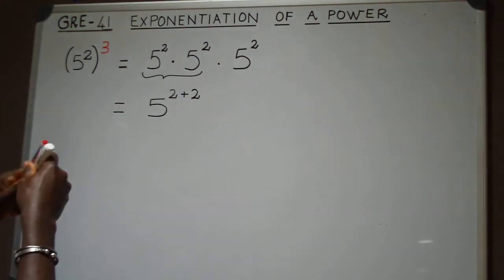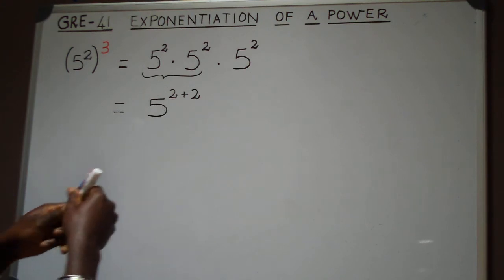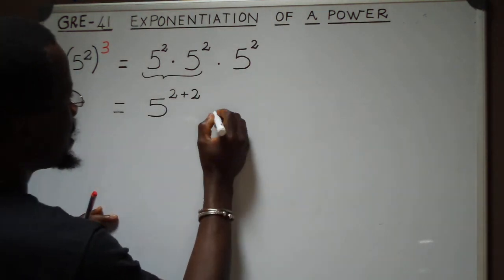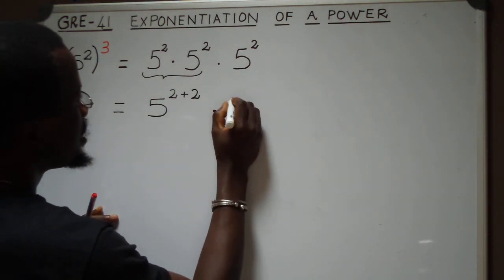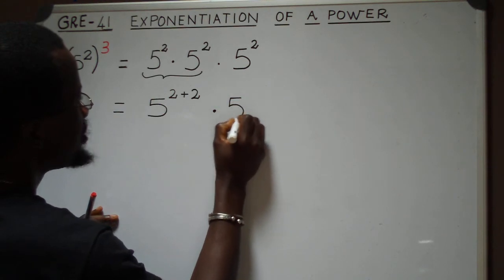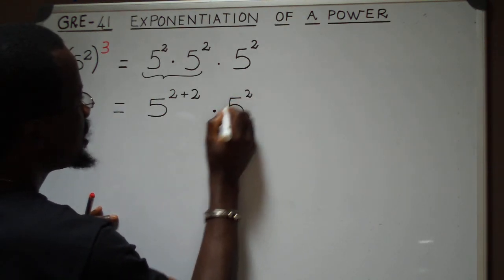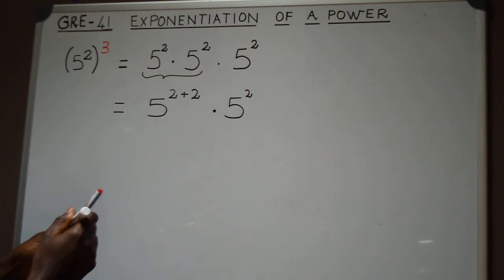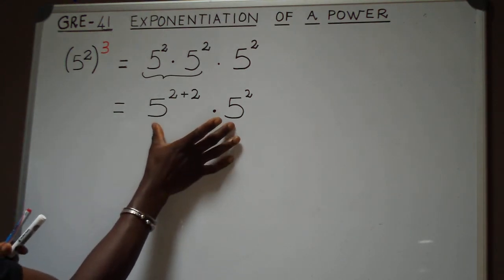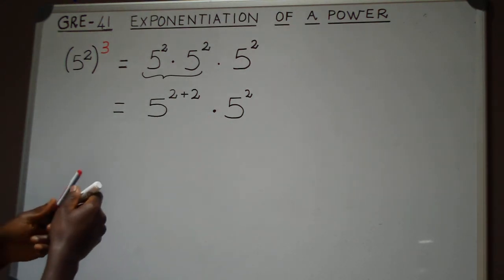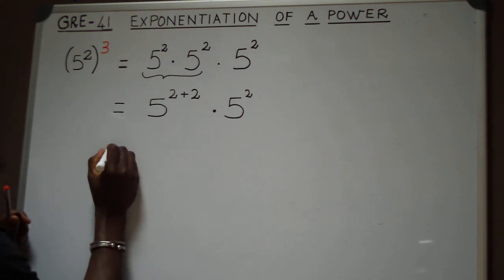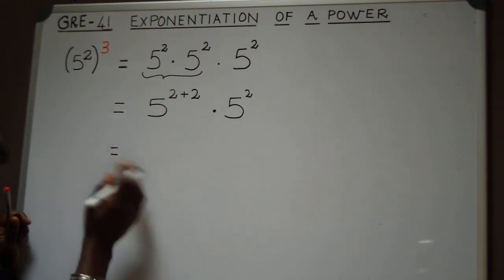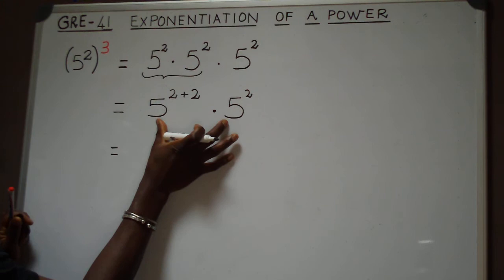Now, we have to multiply what we get here by this expression here. So I will say this multiplied by 5 raised to the exponent 2. Now we need to combine these two expressions in order to get our final answer. As you can see, the two expressions also share the same base.